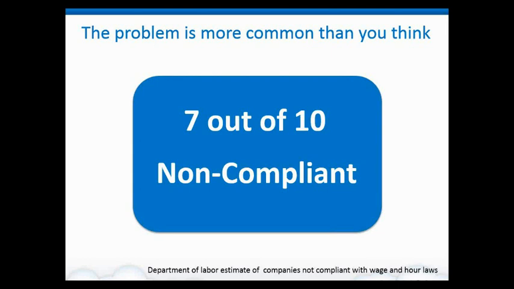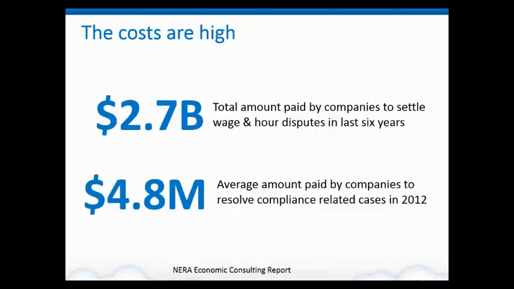As per the Department of Labor, the issue of non-compliance to wage and hour laws is more common than one can imagine. 7 out of 10 enterprises fail to remain compliant to labor laws. The top reasons include overtime payments, misclassification of workers, minimum wage issues, and inaccurate time tracking. And the price tag associated with not being compliant is huge.